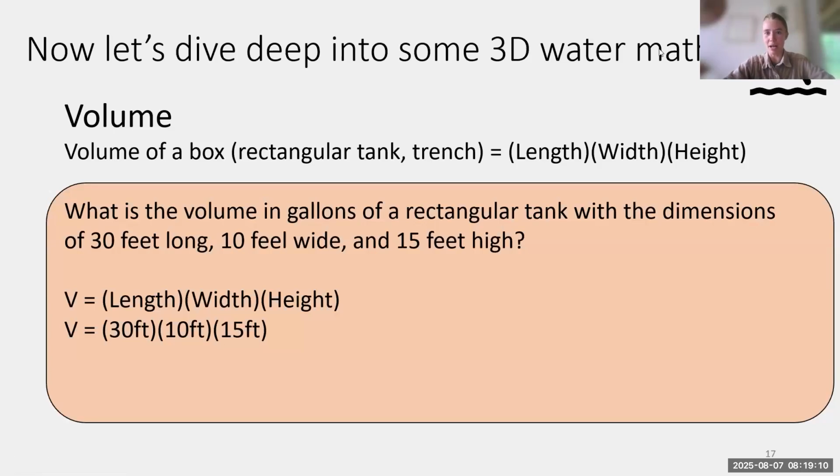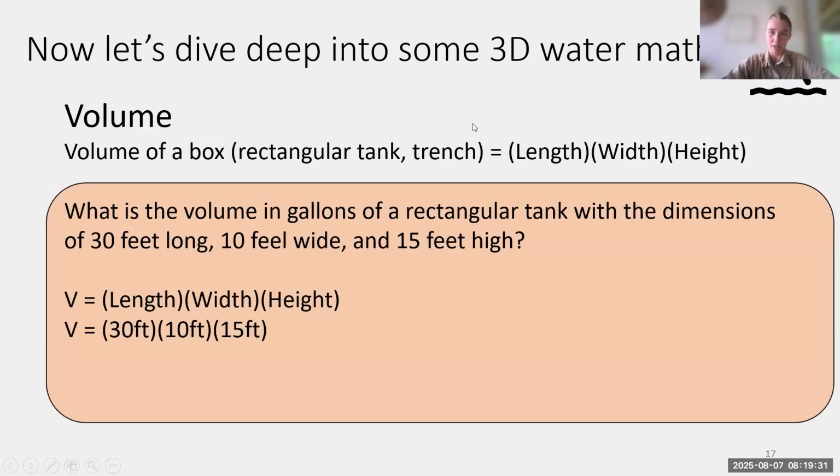Let's talk a little bit about three-dimensional space for our water math. We just talked about rectangles and circles, and there are three-dimensional versions of those shapes. One example of that is the volume of a box. When we talk about surface area, we're using the word area.